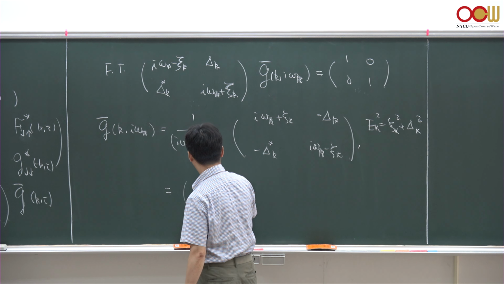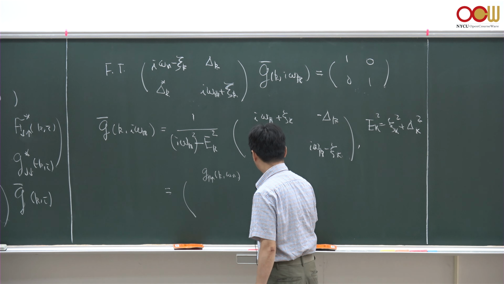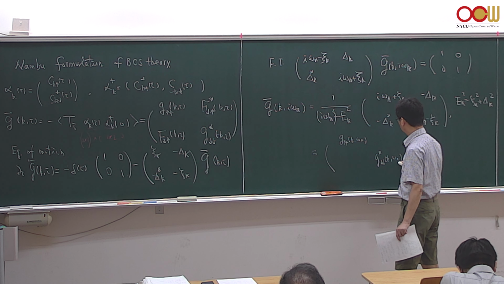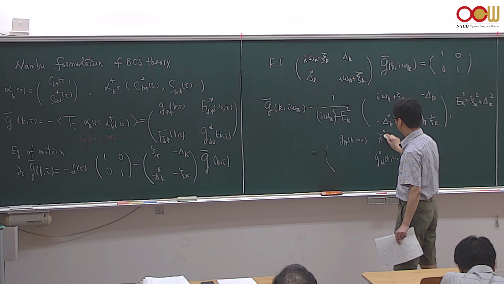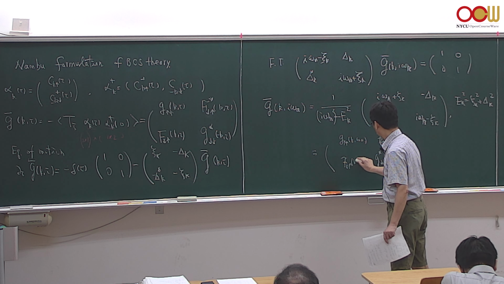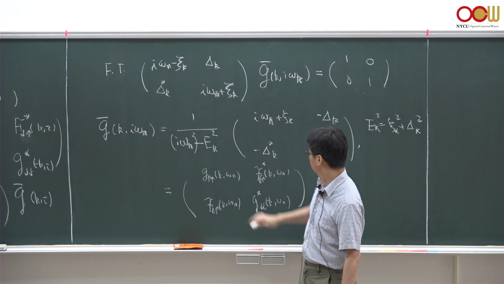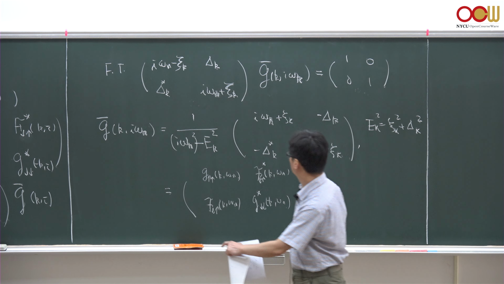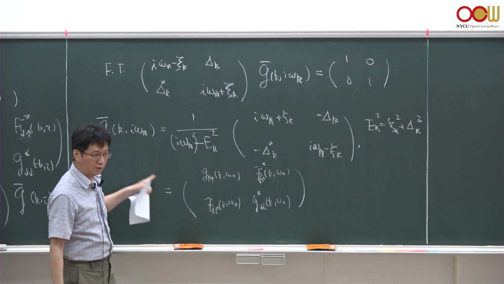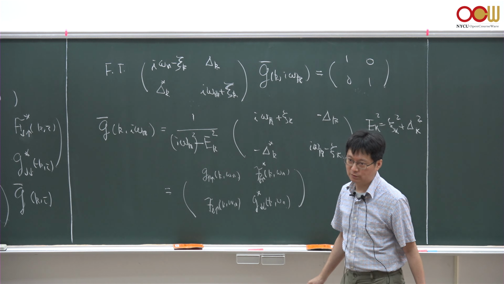Namely, this is G up, k omega, and G star down, minus k omega. Right? This is F star, k omega, down up. This is F down up, k omega. Okay, so if you compare your notes taken earlier with that 2x2 representation of the G bar, you get a match. Okay, so we did nothing but use Nambu notation.